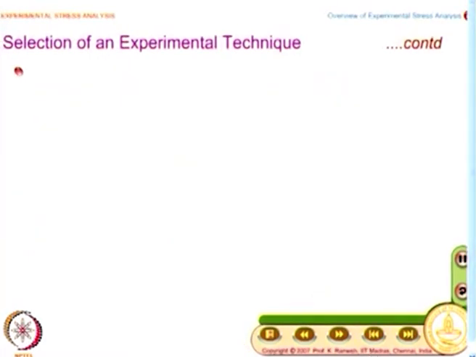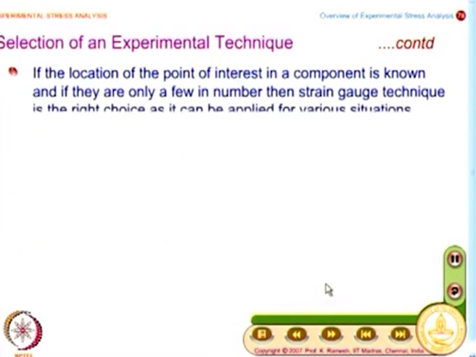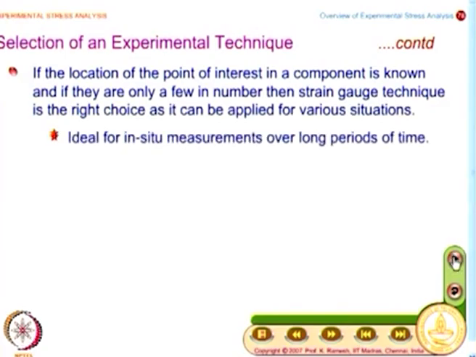And then let us look at what class of problems they can handle. If you know a priori the points of interest where you have to get quantitative data, and these are only a few in number, then the strain gauge technique is the right choice, as it can be applied to various situations.